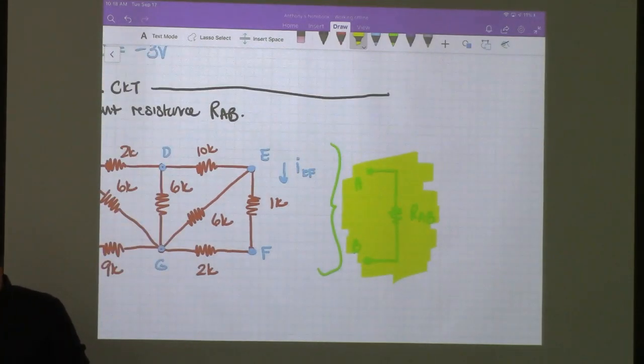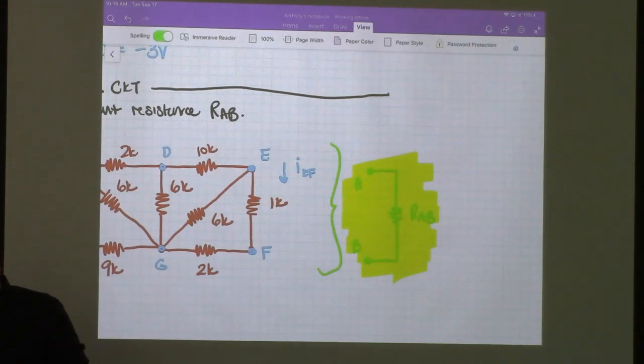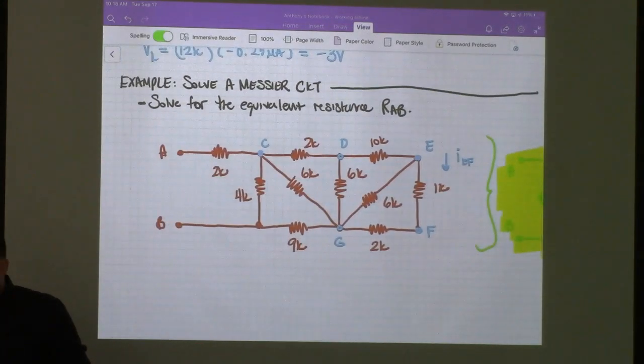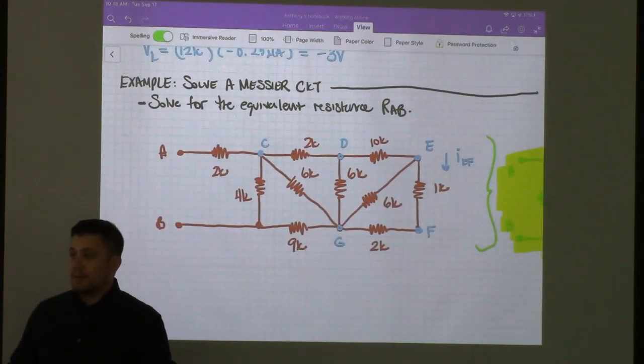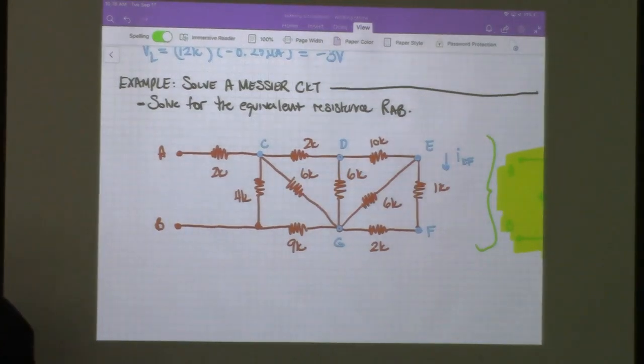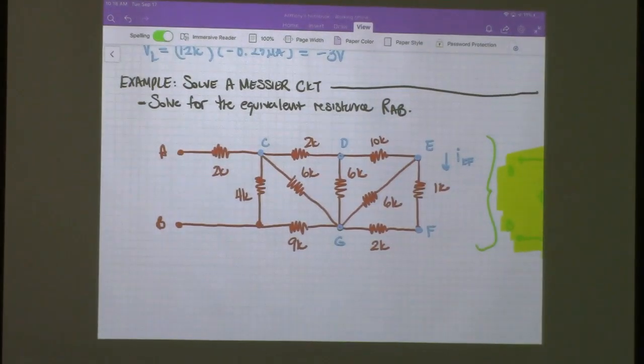Okay? So when we talk about finding equivalent resistances, we mean electrically equivalent. For whatever purposes the circuit uses it for, it's the same thing.